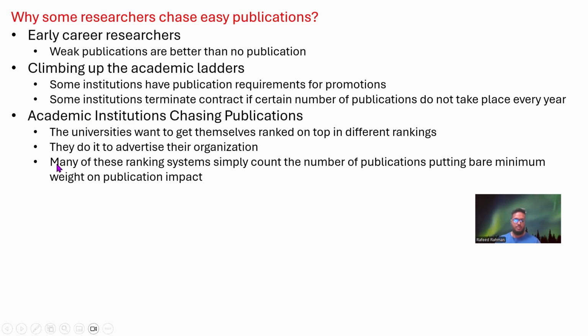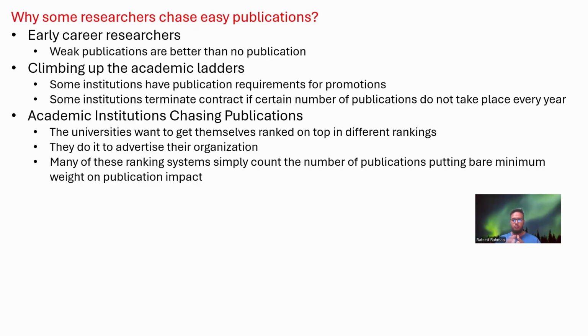Now, obviously, if they are on top of those rankings, or maybe they are up there, then they can very easily advertise to the students so that they get admitted in their university or in their colleges. Now, in order to make the rankings very generic across different fields, many of these ranking systems simply count the number of publications made. So it's just quantity.